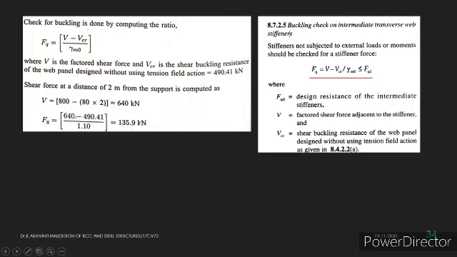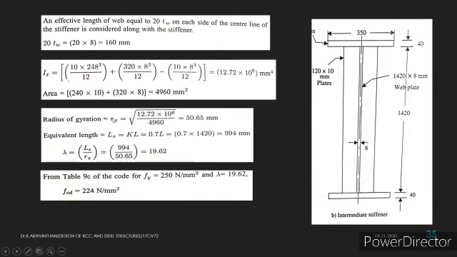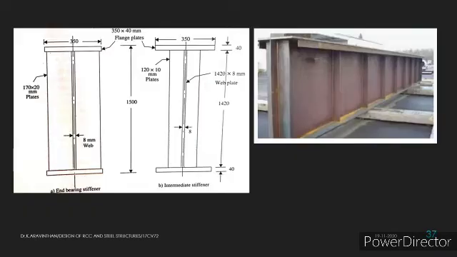So how are we substituting 640 here? See, the shear force at a distance of 2 meter from the support is computed. Why are we considering the shear force at 2 meter distance? Let me explain here.